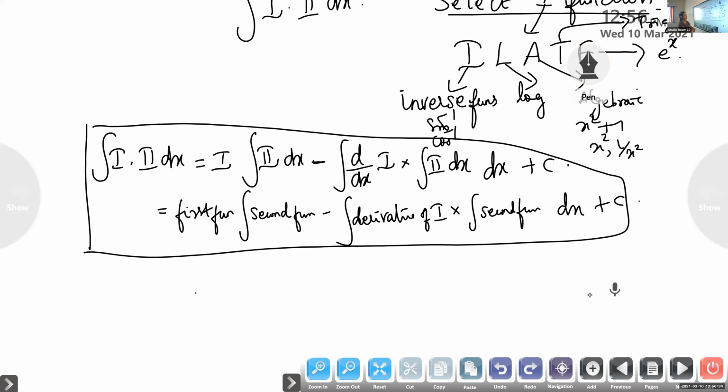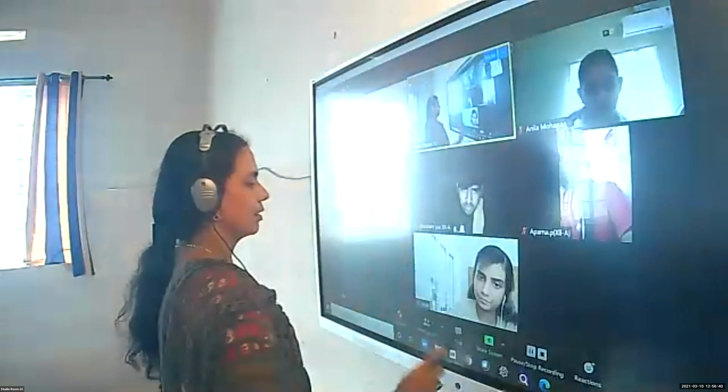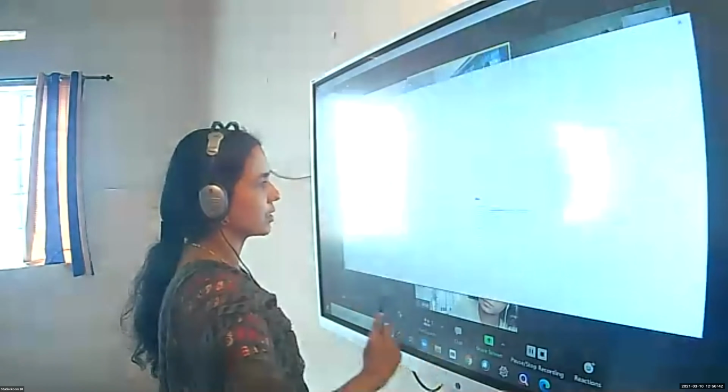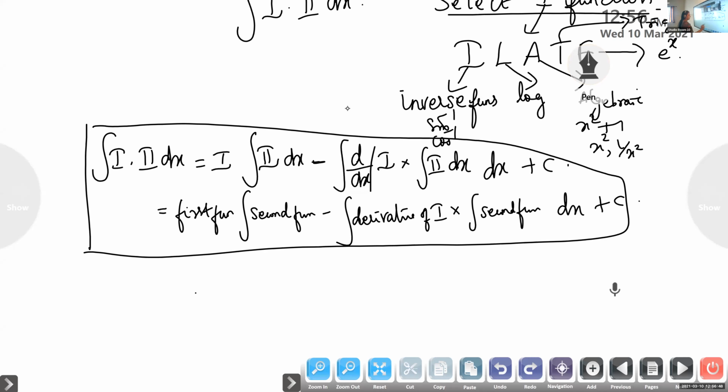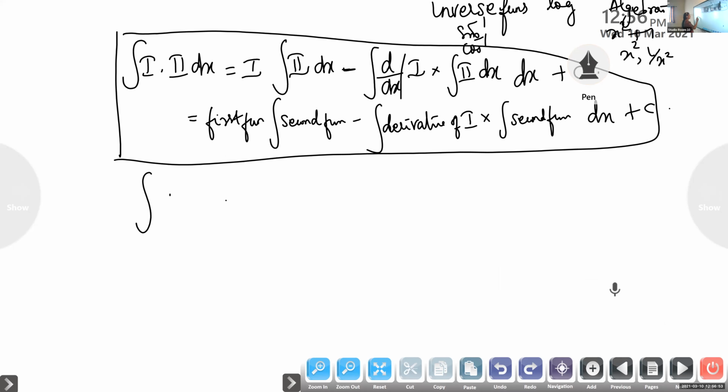Okay. So the same formula can be given in another way also. Suppose the first function we denote as f of x, and the second function we denote as g of x.